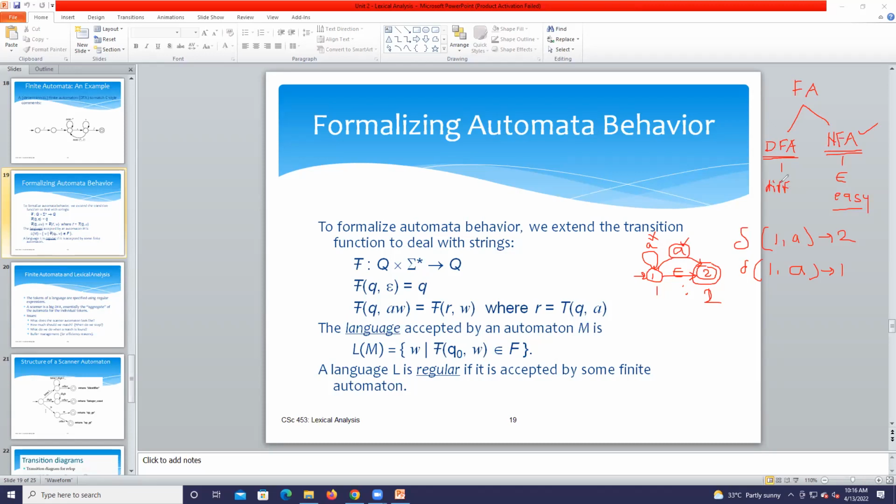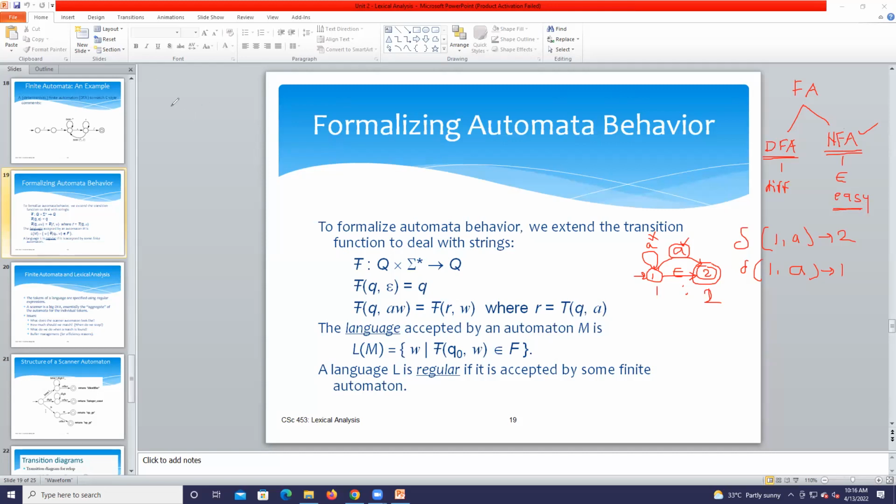If you change that, it may give you some other finite automata, so the required finite automata will also change. So drawing NFA is easy and DFA is difficult. Whenever I want to draw any finite automata, I will draw NFA first, because it is easy for me.